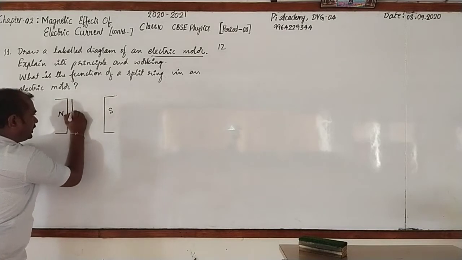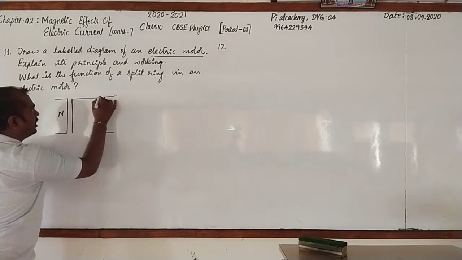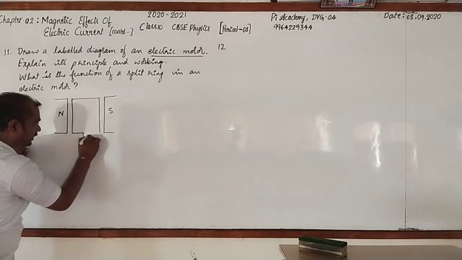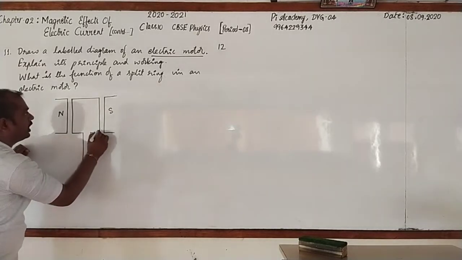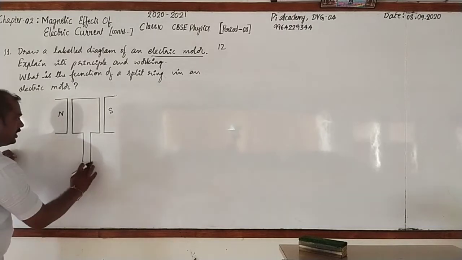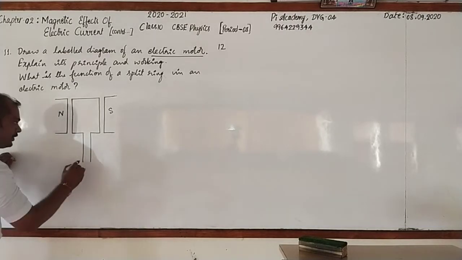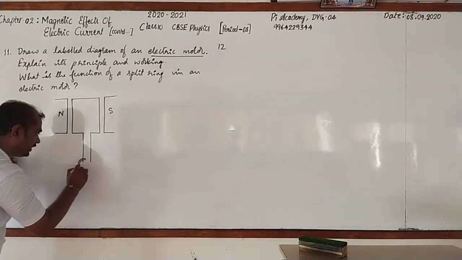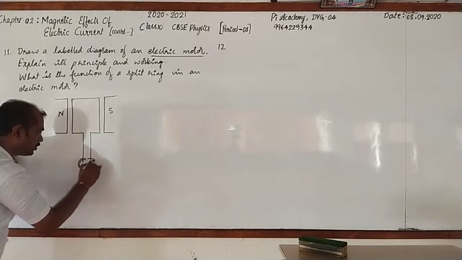We take a rectangular coil of insulated copper wire mounted between the poles of the horseshoe magnet. The free ends of the wire are connected to two split rings, that is two half rings.